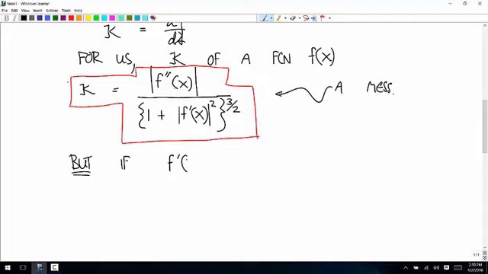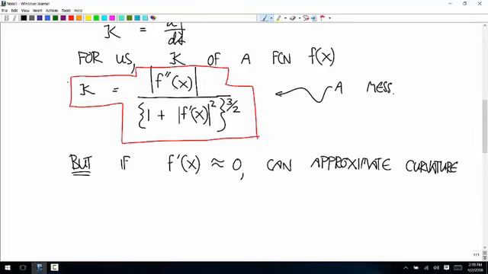If f prime of x is close to 0, you can approximate the curvature by the relationship kappa is equal to the second derivative of f.